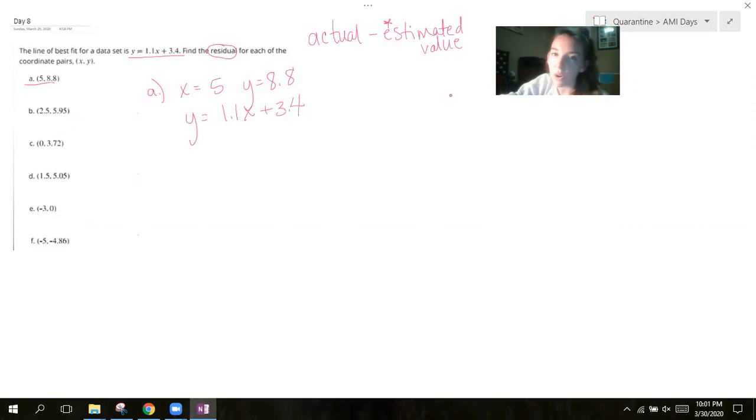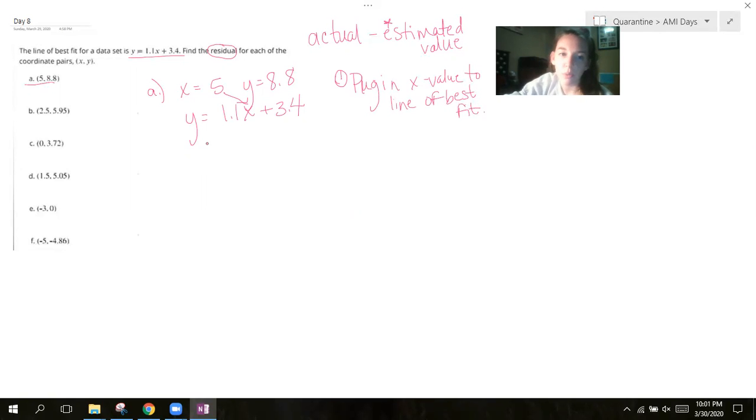So in order to find that estimated value, we have to take our x value and plug it in to the equation. Okay, so step 1: plug in x value to line of best fit.